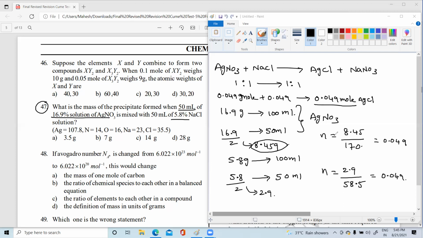We know the moles, and it is given in grams, so it is easy to find the mass. n equals given mass by molecular weight. So mass is 0.049 into the molecular mass of AgCl, 143.5. On simplification, we get 7 grams as the correct answer.